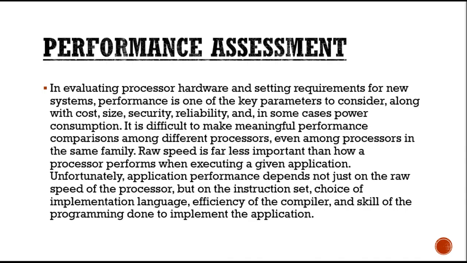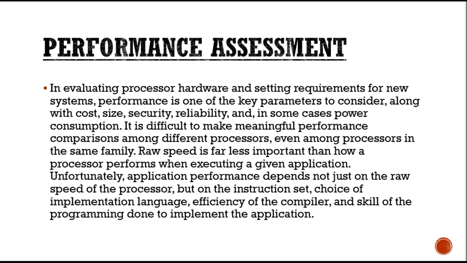In evaluating processor hardware and setting requirements for new systems, performance is one of the key parameters to consider, along with cost, size, security, reliability, and in some cases power consumption. It is difficult to make meaningful performance comparisons among different processors, even among processors in the same family.